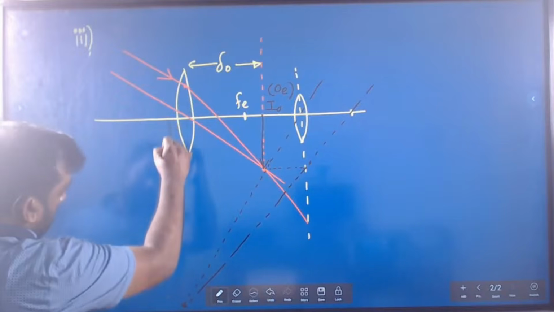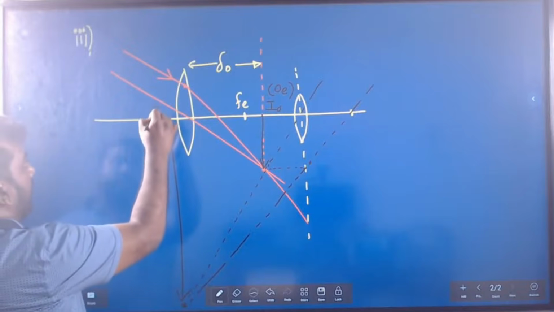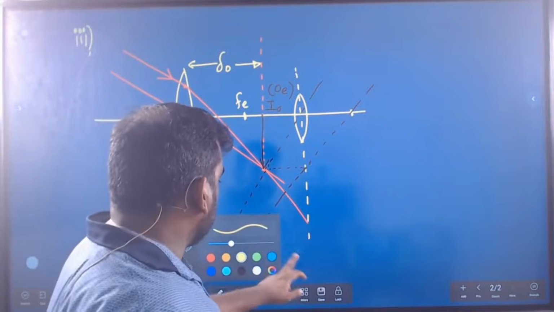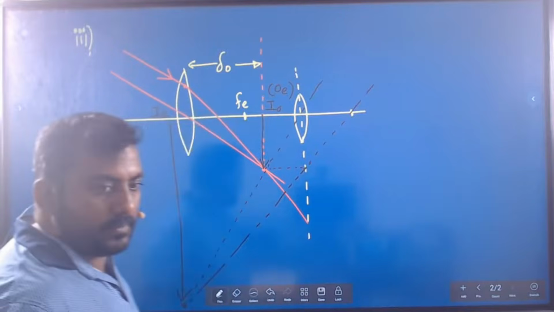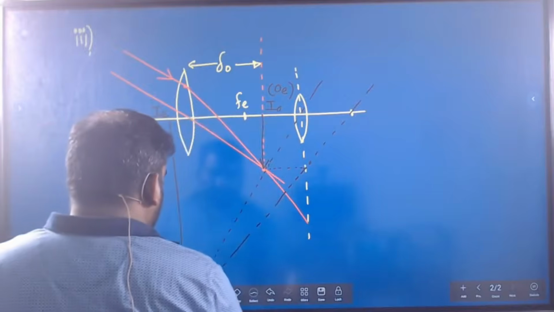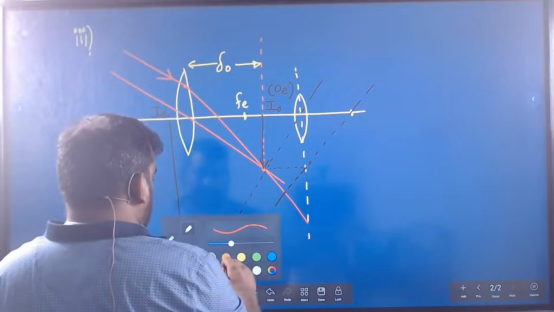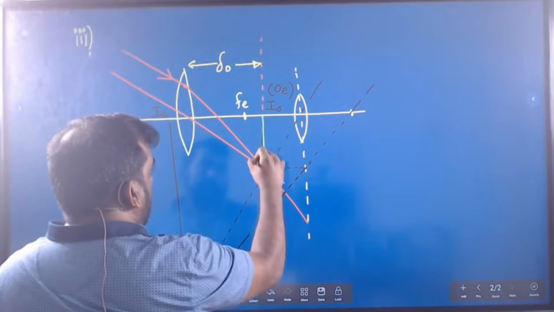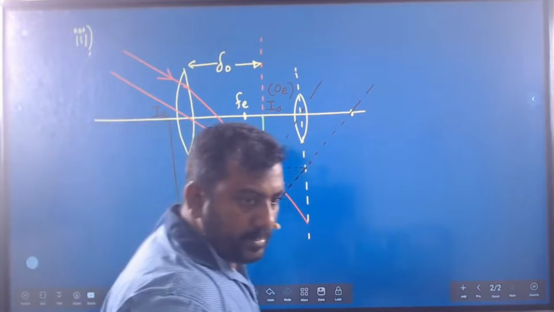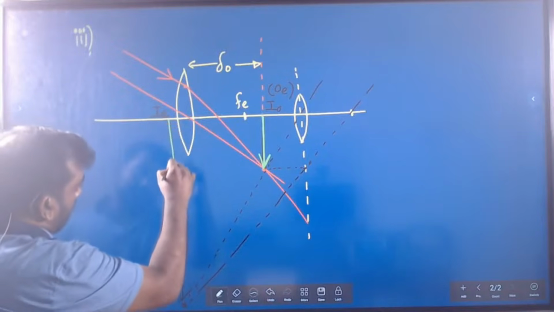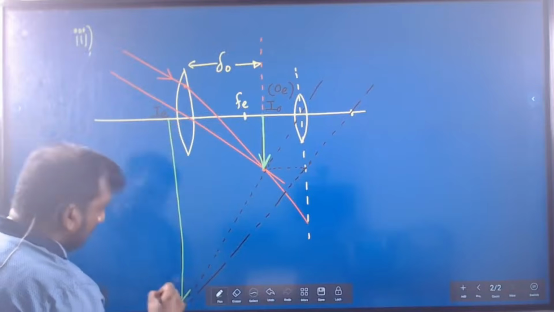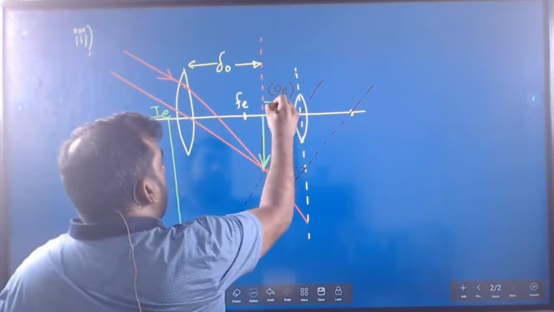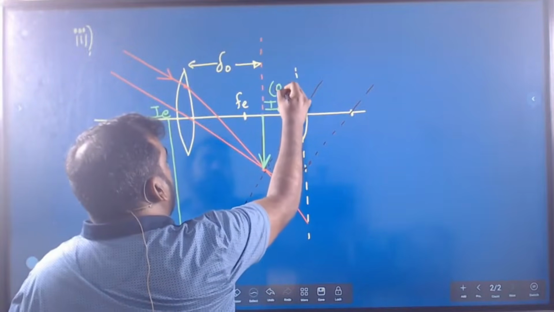Here you go, the image. The final image of the eyepiece. So we need to use another color for this. Is this clear? That looks clear. Okay. Image for the eyepiece. The image of the objective is the object for the eyepiece.